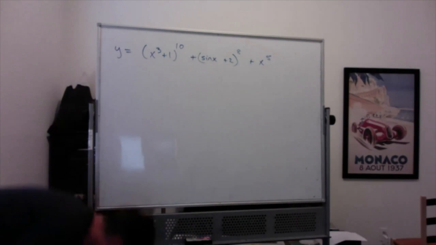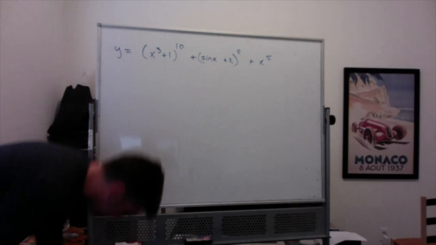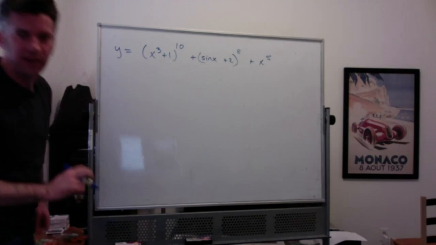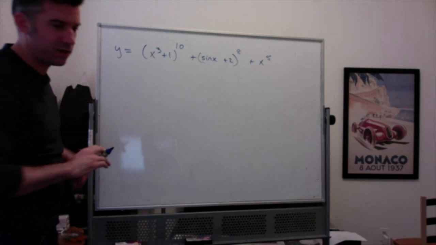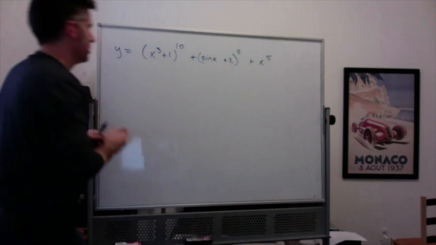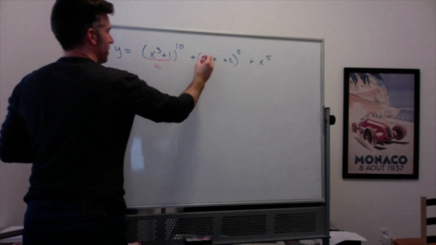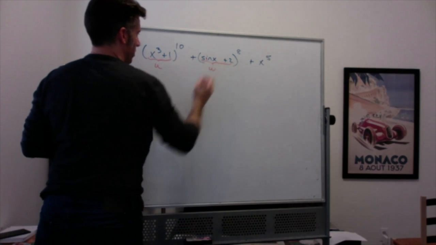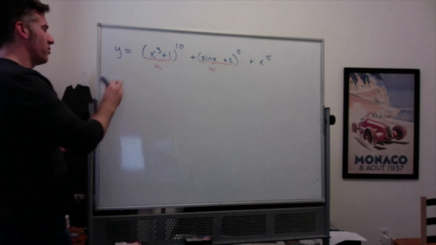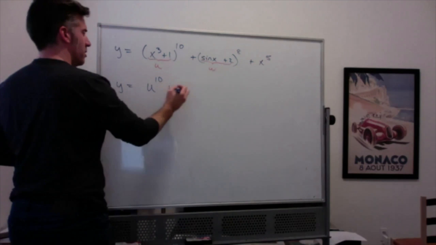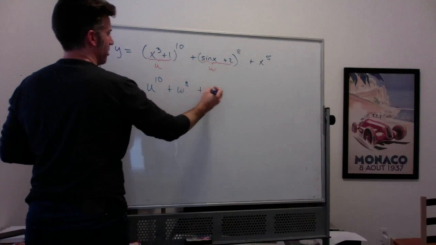I'm going to rewrite this using other letters just for a minute. I'm going to call this inside part here u, and this inside part here w, so that I can rewrite this more simply as u to the 10th plus w to the 8th plus x to the 5th.